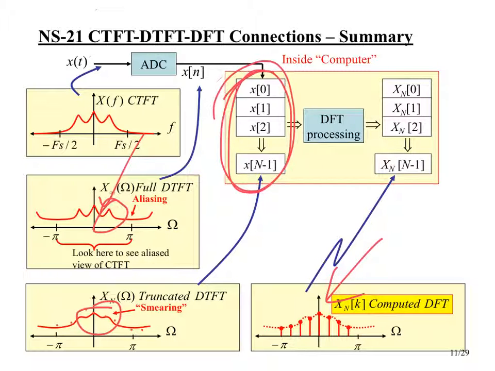So the dashed line is repeating the x sub n of omega, and the dots with the stems are showing a plot of the points that we actually compute with the DFT. So we've seen this before. Now we're starting to see a little bit more about what this smearing consists of.